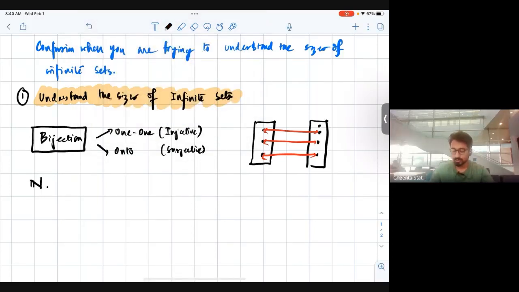If there are extra elements in the codomain set, then it's injective but not surjective because it's not covering all of them. If it covers all of them, then it's called bijective because you can see it's 1 to 1 and it's covering all of the elements in the range.